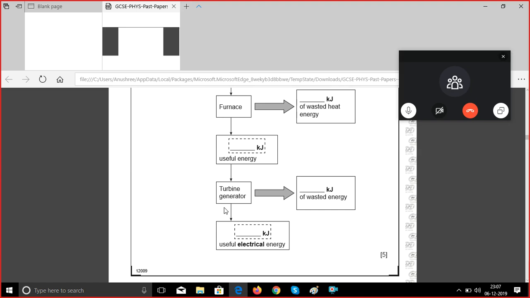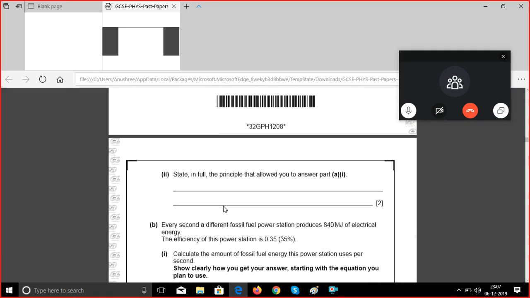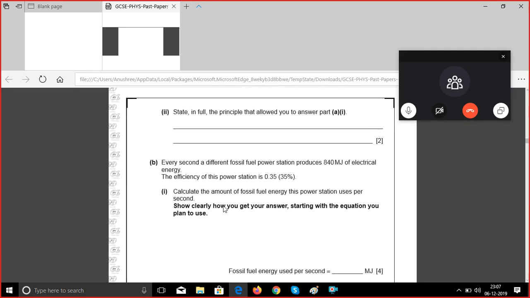Okay. So number 3. State in full the principle that allowed you to answer part A 1.